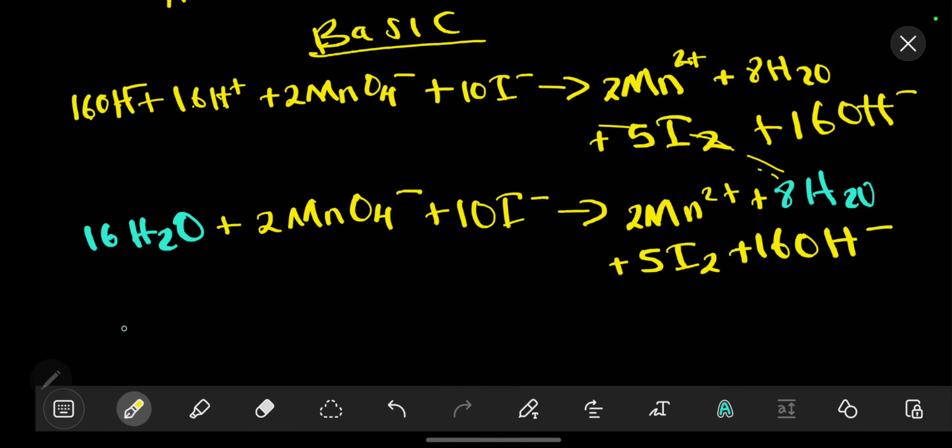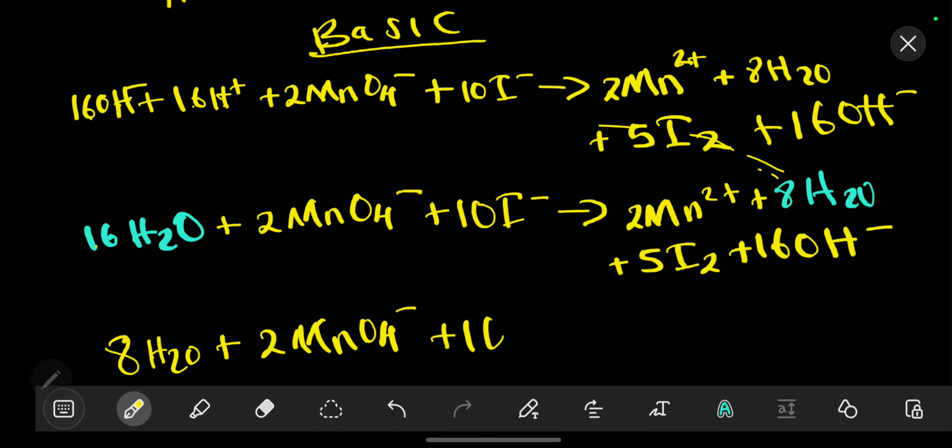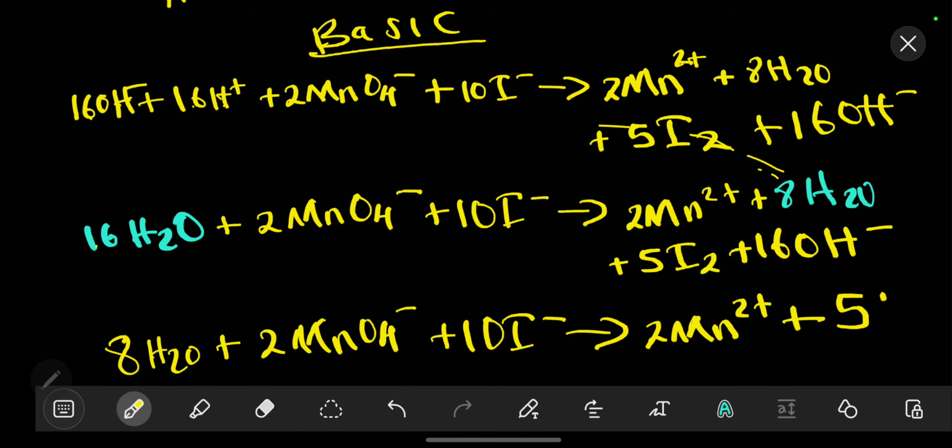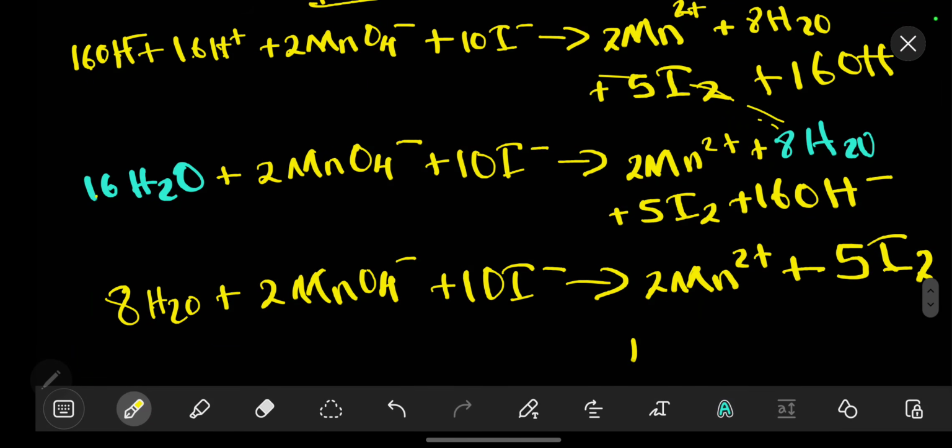So you write 8 H2O, plus your 2MnO4 negative, plus your 10 iodide ions to become 2Mn 2 positive. Water has been subtracted there. Then we have plus 5 iodine, then plus our 16 hydroxide ions.